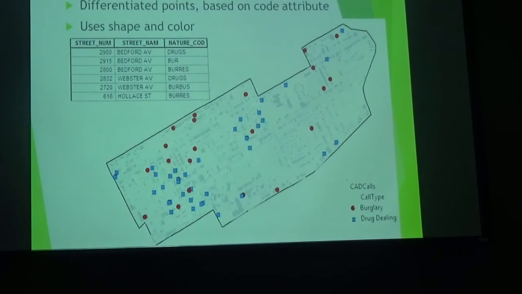Then we could use the unique value symbolization and differentiate based on the data table. Each of these rows has a representation in the visualization on our map. I don't know exactly which one is what, but this one right here could be drug dealing. Burglary could be down here.